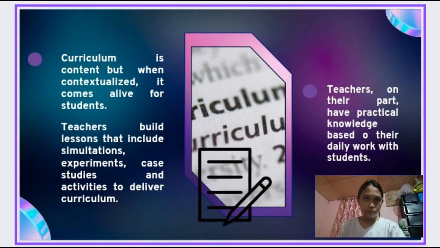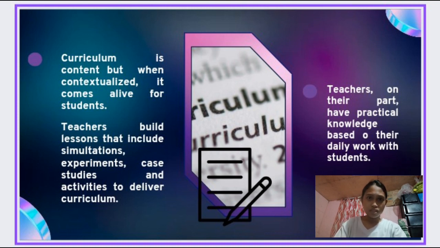Curriculum is content, but when contextualized, it comes alive for students, of course. So the curriculum is already made, written by those in higher positions, but it can be contextualized when there is interaction with the students and the teachers, or ilahang na made ang content.